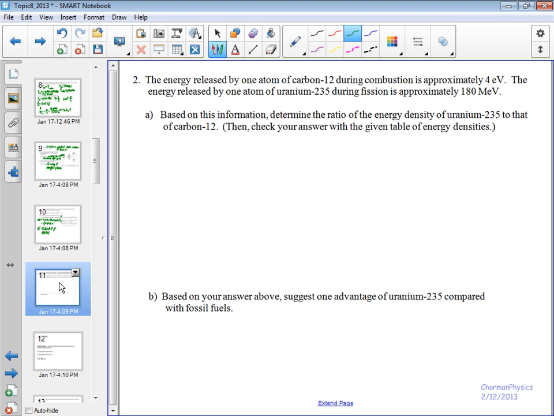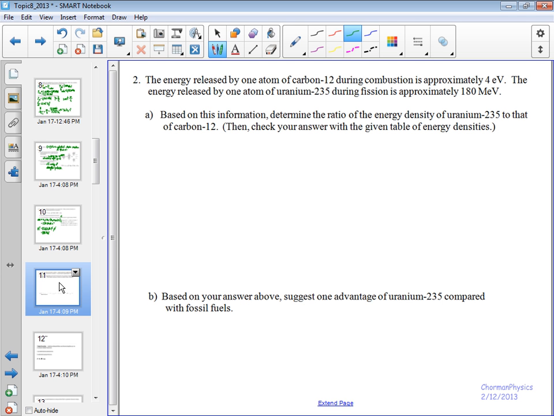So what happens then is that we want to compare what the energy density really is here. Let's just say that for coal, every atom of carbon in coal combusts cleanly, which basically means if you burn it with oxygen, it's going to form CO2, and whatever hydrogen is in there is going to form H2O.